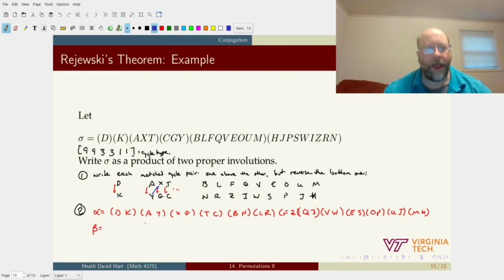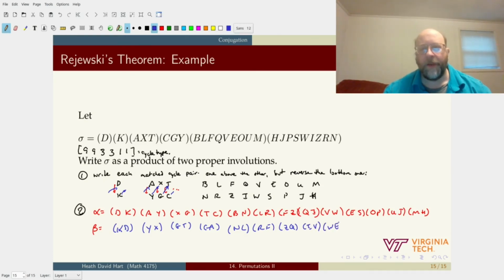So Y is going to go to X. Then G is going to go to T. And then when we get to the end, we just wrap around and C goes back to A, which is what happens here with the K. It just immediately wraps around and goes back to the D. So beta is up and to the right: N goes to L, R goes to F, Z goes to Q, I goes to V, W goes to E, S goes to O, P goes to U, J goes to M, and then H wraps around back to B.